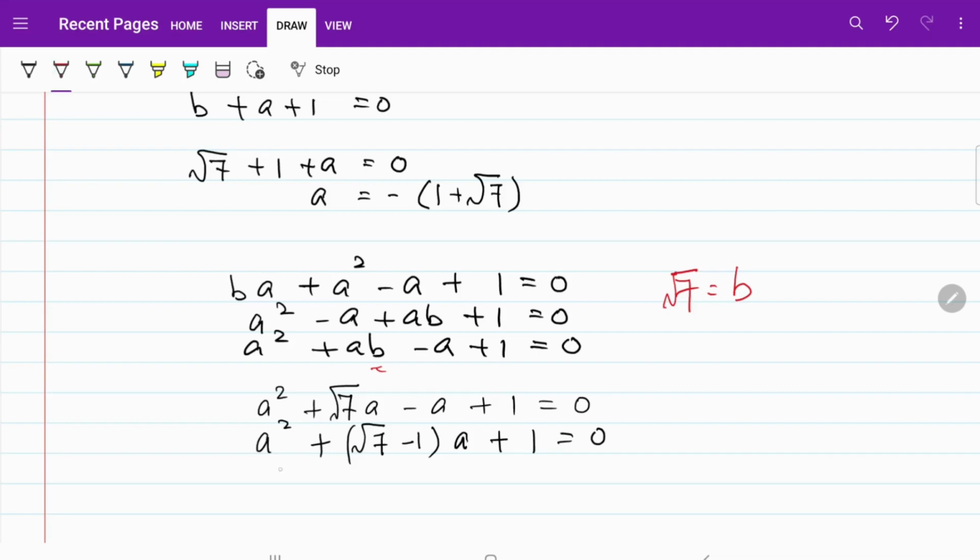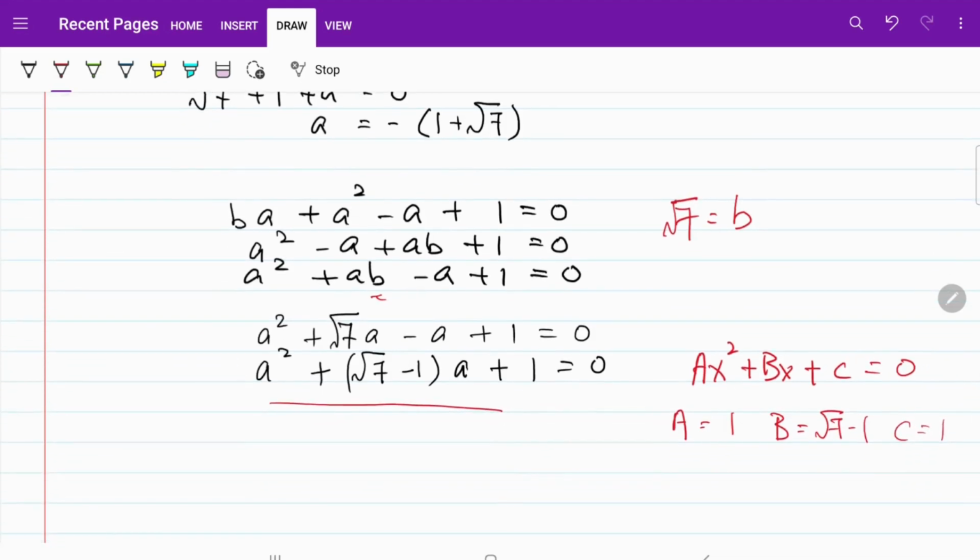If we express it in the form of ax squared plus bx plus c equal to 0, I have a equal to 1, b equal to square root 7 minus 1, and c equal to 1.